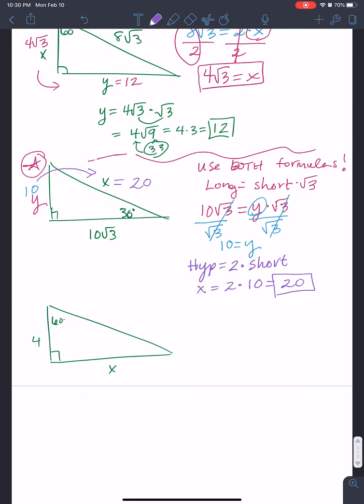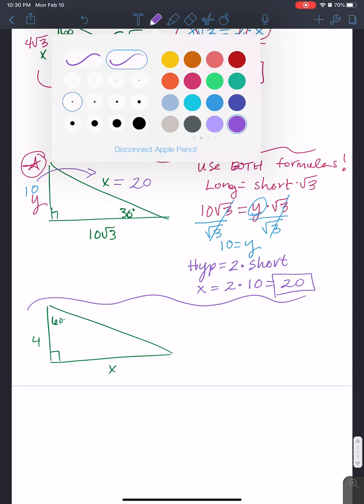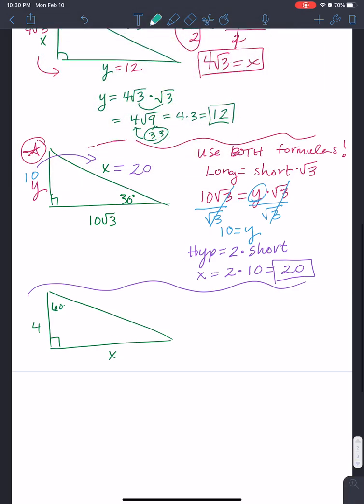All right. And let's do this one here. This is one more that's pretty similar. Okay. This one's pretty easy actually. So you have the short leg. So I'm looking for the long leg. Long leg is short leg times the square root of 3.